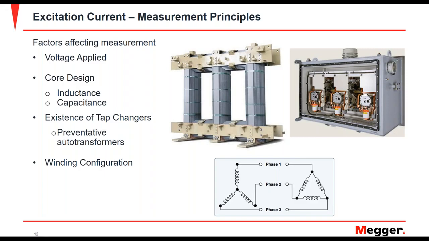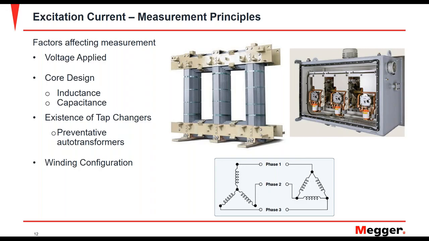Then if you have tap changers in the transformer, that is going to affect the test setup for your excitation current. For example, if you have preventative auto transformers as part of the on-load tap changer, the test requirements are different than not having a tap changer, and that's why your excitation current response will be affected. And lastly, you have winding configuration.